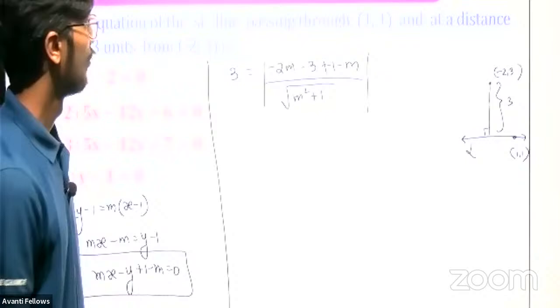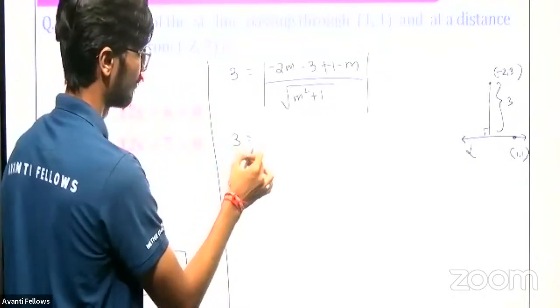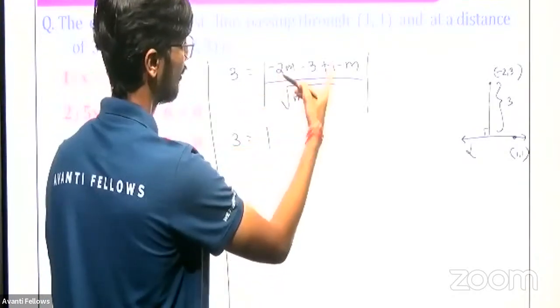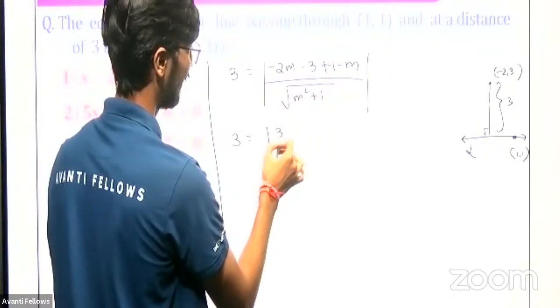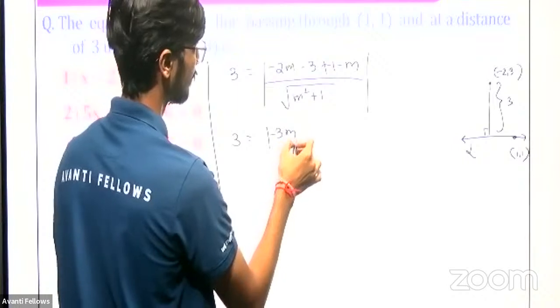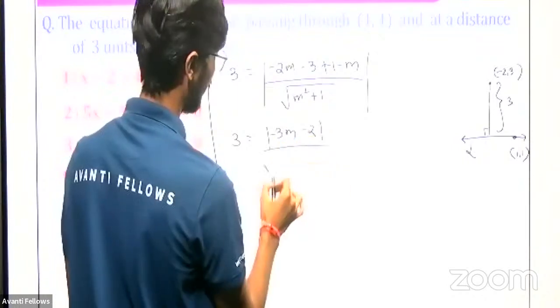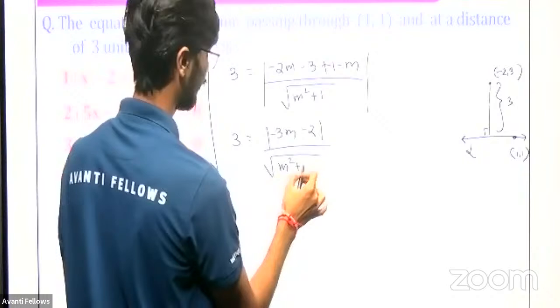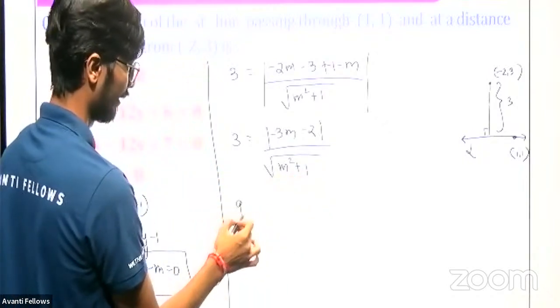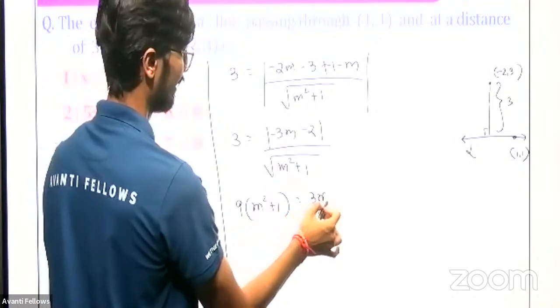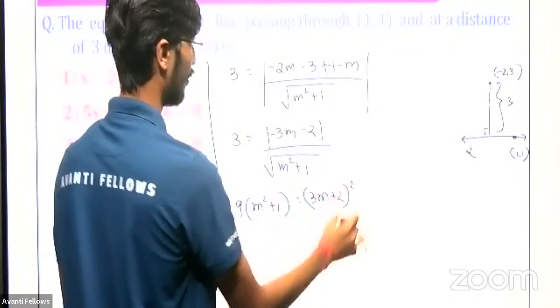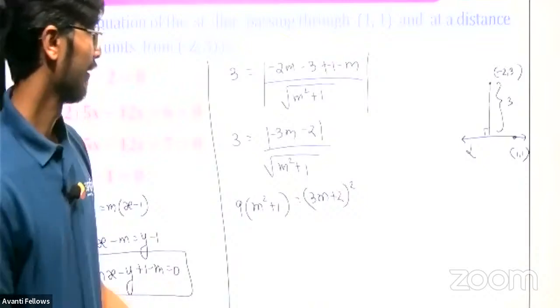Let us simplify it. So I get 3 is equal to the mod of minus 3m minus 2, upon under root of m square plus 1. So let us cross multiply and square. I'll get 9 times m square plus 1 is equal to 3m plus 2, the whole square. Correct? Let us open the brackets.